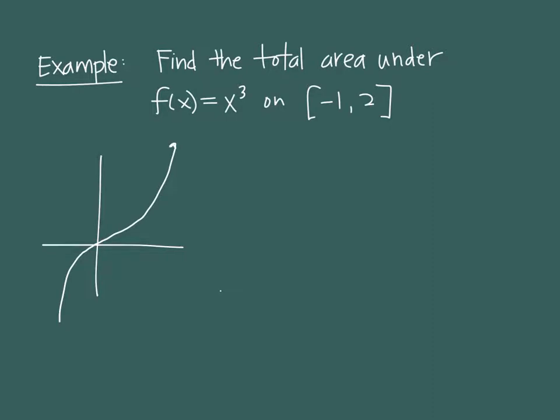Our cubic is going from -1, +1 to 2. So I have some negative area and I have some positive area.